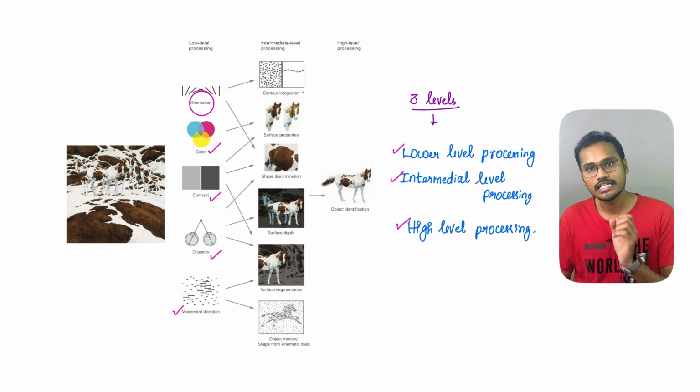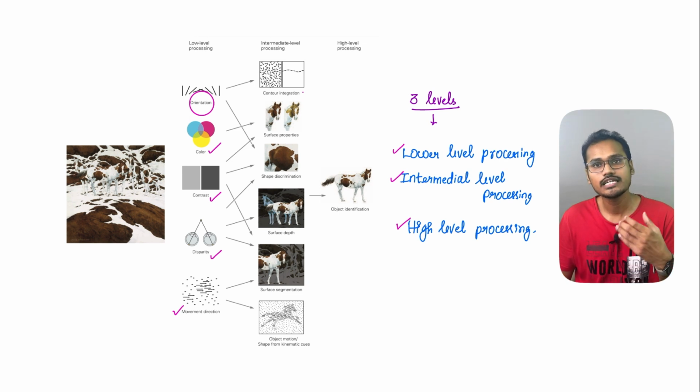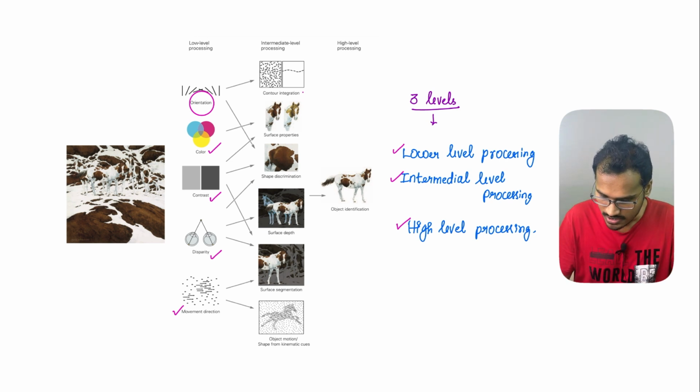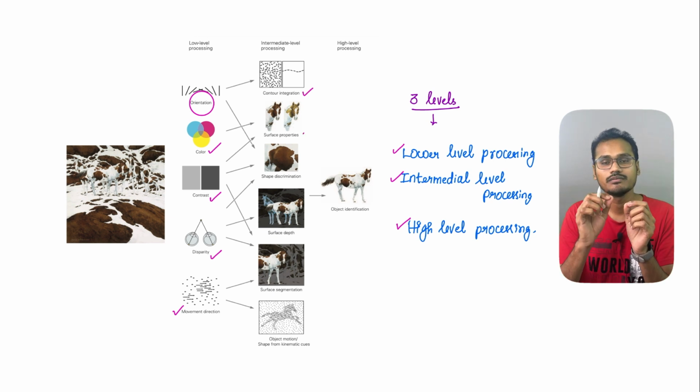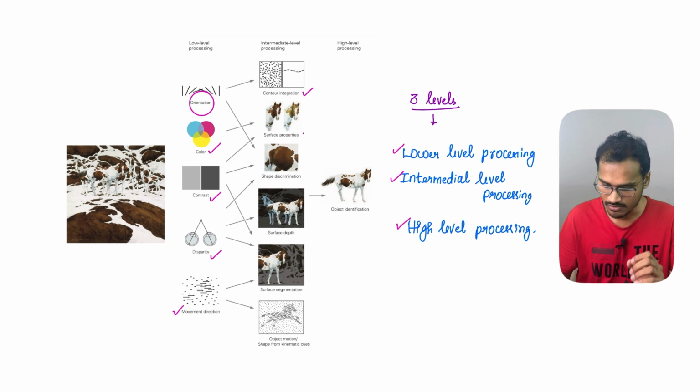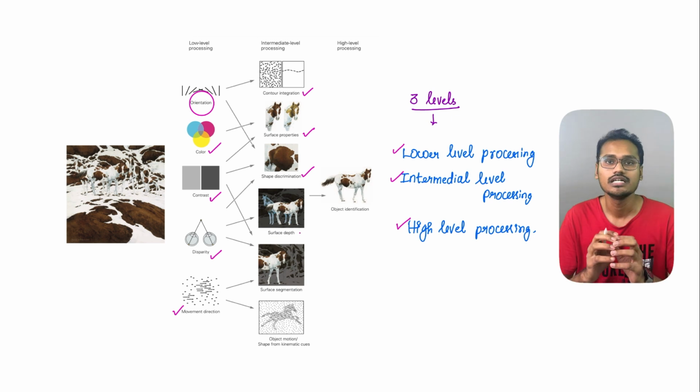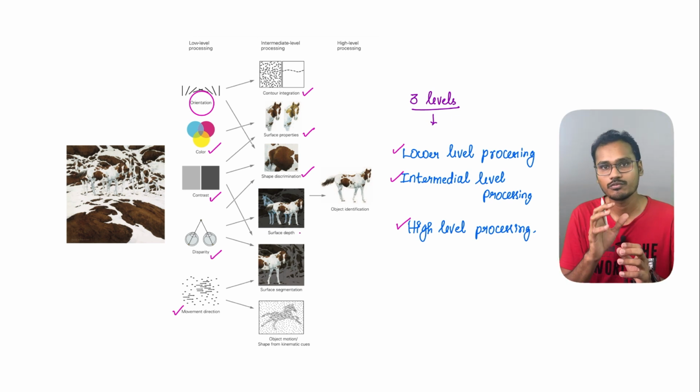Whereas when you go to the intermediate level of processing, a little bit higher, it will process contour integration, like the integration of the structure or the contour, or pattern recognition, we can say. And the surface properties and shape discrimination will help us identify what different type of shape is being formed from this image.